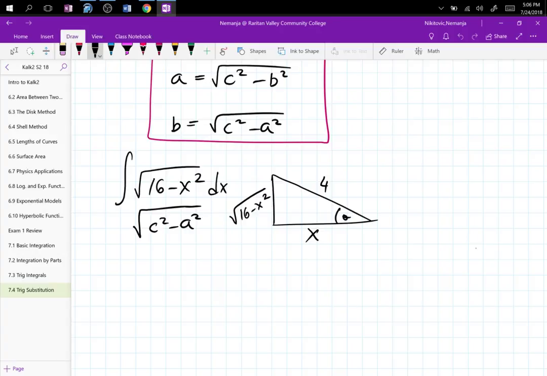It doesn't matter which one, so you pick x to be on the bottom. When you do the Pythagorean theorem for the missing side, you will always have the entire square root in that spot. These two can be swapped and no harm done, because a right triangle has a hypotenuse and two legs, so it doesn't matter which one goes where.